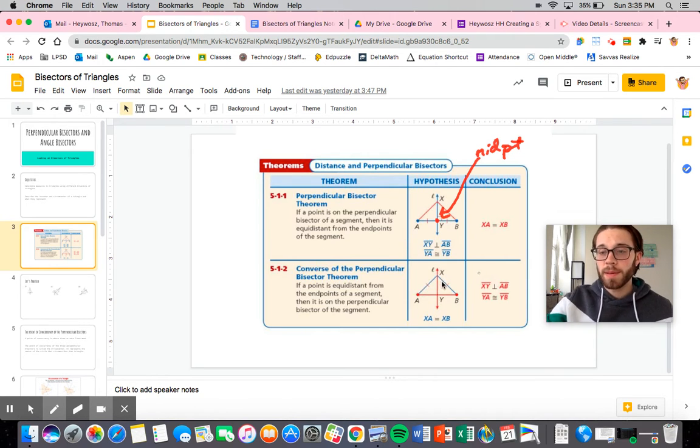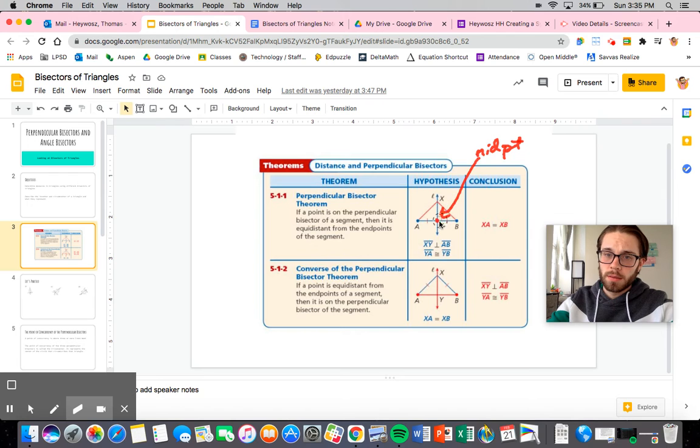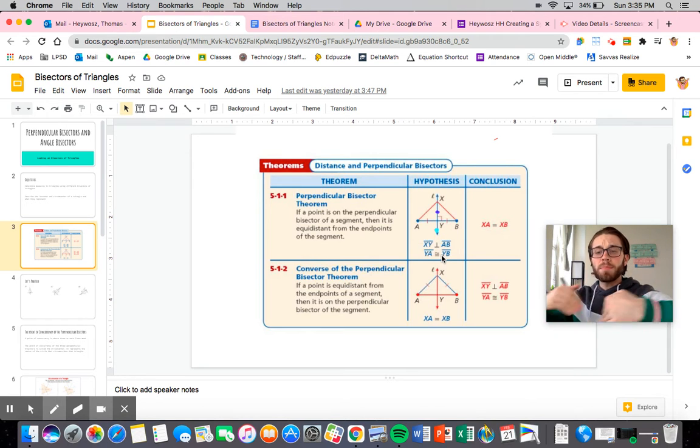So if I know I have a perpendicular bisector and I take any point on that perpendicular bisector, it could be this point right there, it could be this point down here, it could be this one way down there. Whatever, it doesn't matter. Any point on that perpendicular bisector is going to have this property: if I connect that point to the endpoints of my segment, they will be congruent.